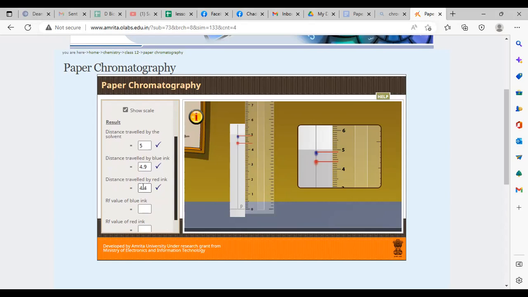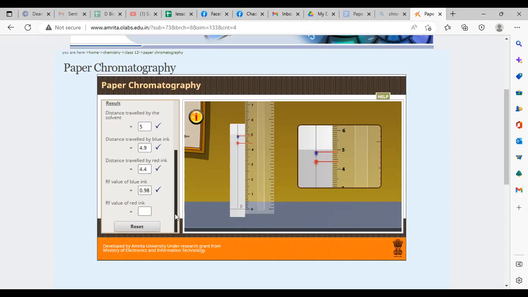So, ang RF value natin for the blue ink, 4.9 divided by 5 is 0.98. Okay, tama.